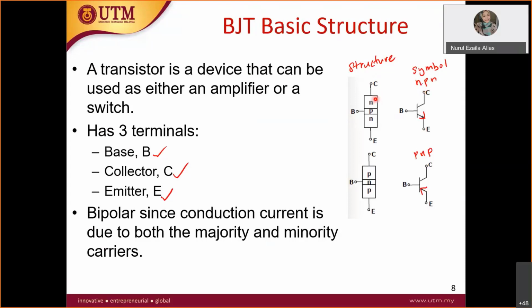The collector is N, the base is P, the emitter is N. However, for the PNP type, where it has a different direction of current, the collector is made of P type, the base N type, and the emitter P type. This is how you differentiate between the NPN type and PNP type.